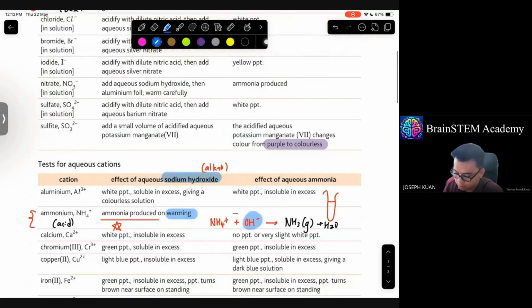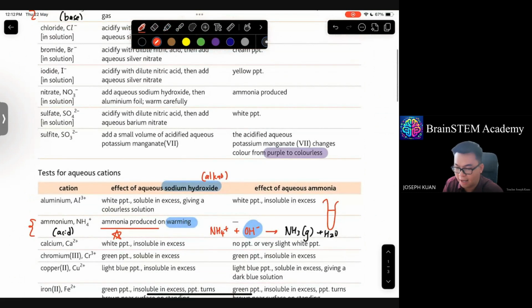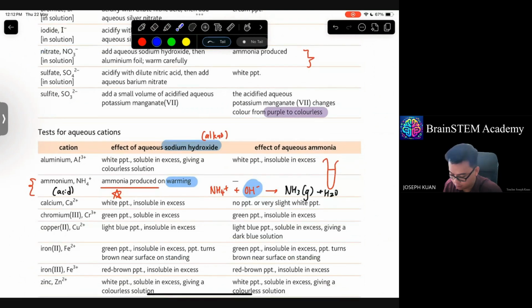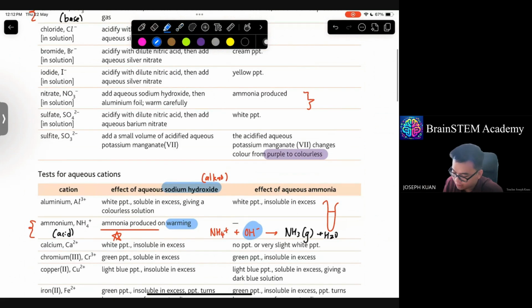Okay, then let's talk about the nitrate test. Now, the nitrate test is not exactly an acid-base reaction per se. However, they are very similar. It's pretty similar to your ammonium test. Just pay close attention. Nitrate actually reacts similarly with sodium hydroxide and heating, and that also liberates ammonia, which can turn damp red litmus paper blue.